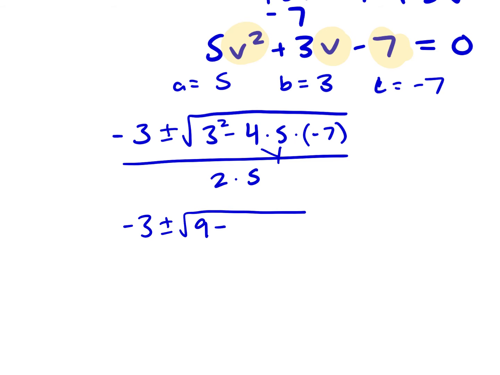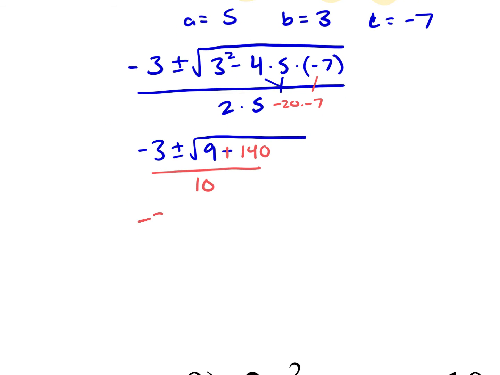What's 4 times 5? 20. And negative 20 times negative 7? Positive 140. Over 2 times 5? 10. So negative 3 plus or minus the square root of 149 over 10.